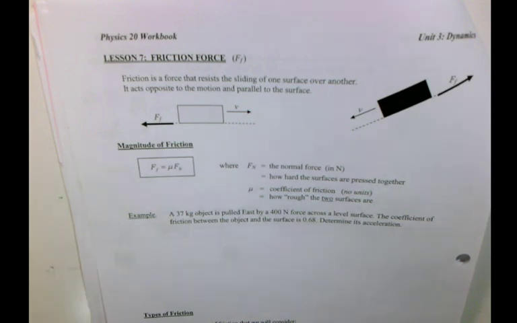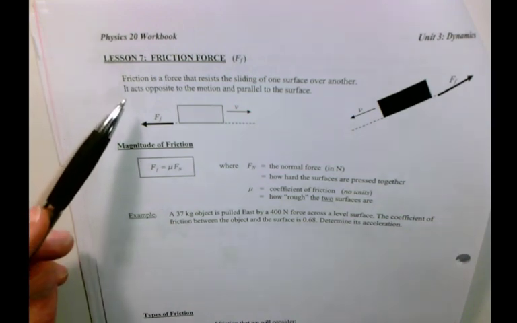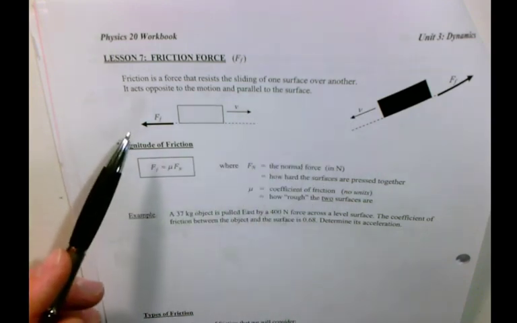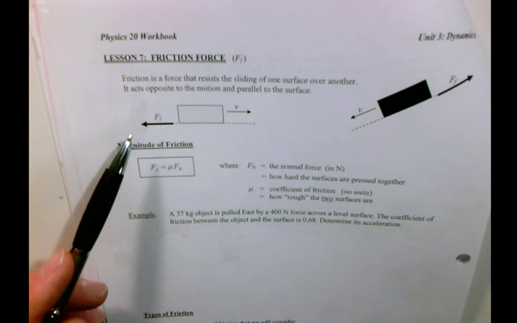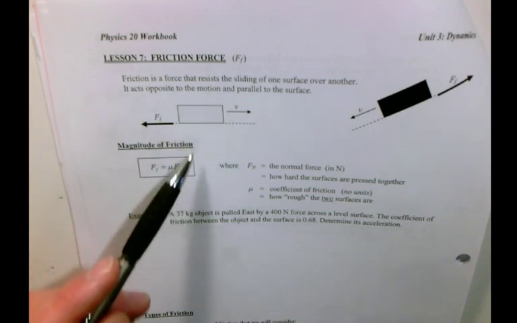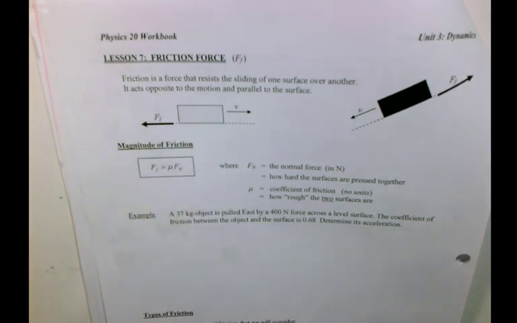So, we should all have some idea what friction is, but our fancy physics definition is that friction is any force that resists the sliding of one surface over another. Just like normal force, it has to do with surfaces, and those surfaces need to be in contact. But instead of being perpendicular to the surface, it will always act parallel to the surface.